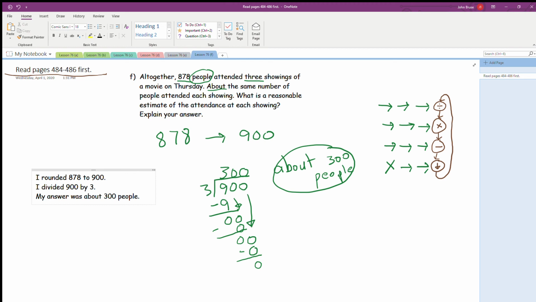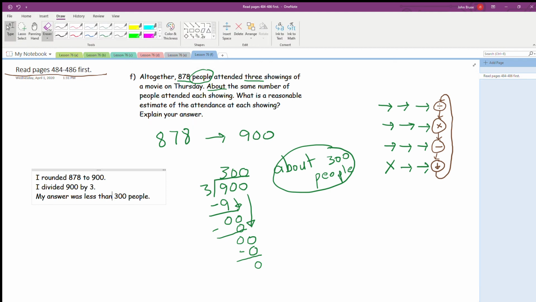I think another good answer might be less than 300 people because we've definitely rounded up. So I could change this to less than 300 people. And I'm going to go ahead and change this one over here too because I just think it's a slightly better answer. So I'm going to change that to, oops, I need my pen.